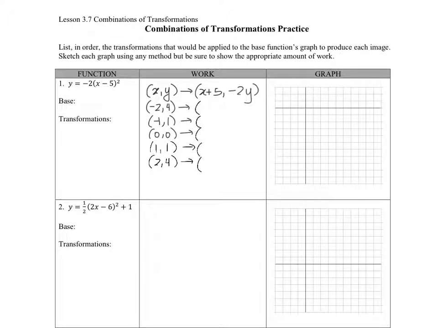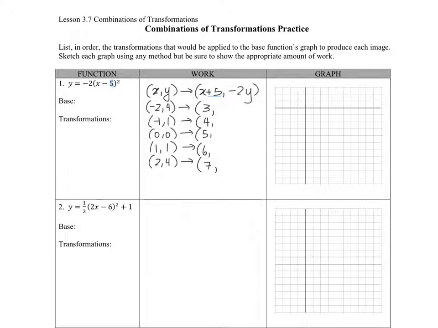So we're going to add 5 to all of the x coordinates, and that will take care of our translation 5 units to the right. So that x plus 5, that's how we get this 5 units to the right.